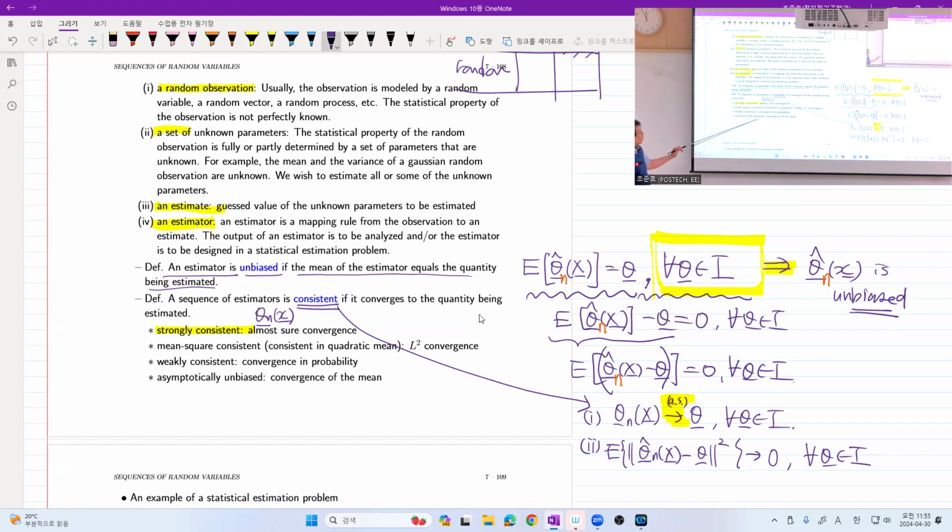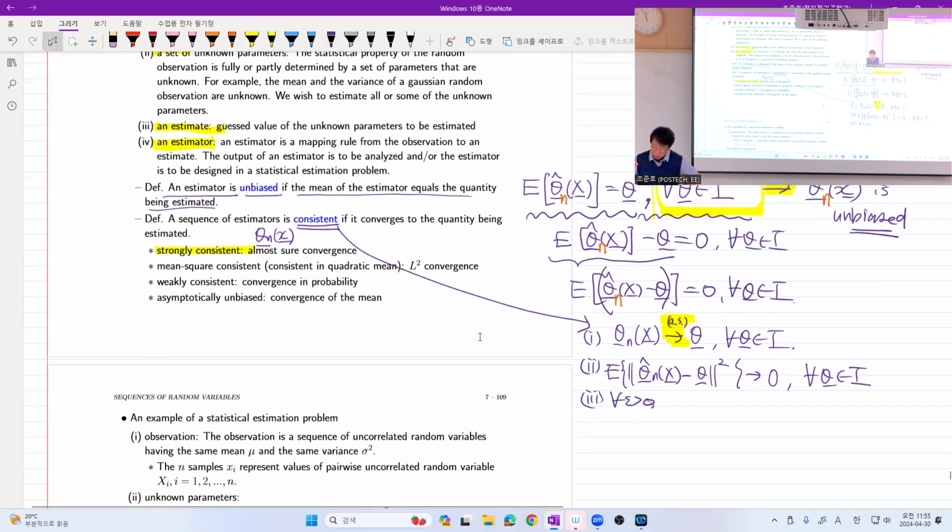By the way, in weak consistency, we have for every positive epsilon, the probability of the event greater than epsilon converges to 0, something like that.